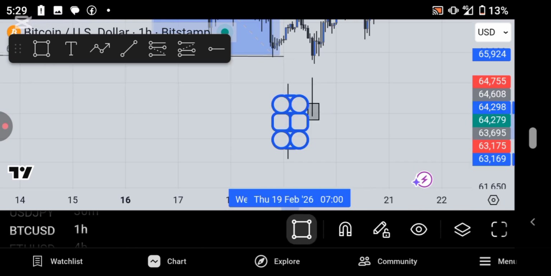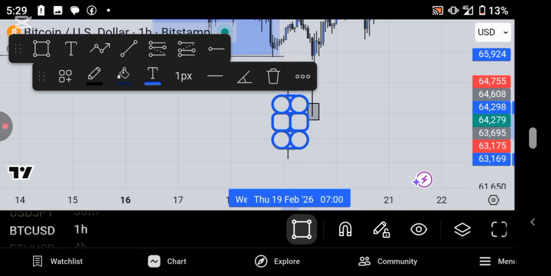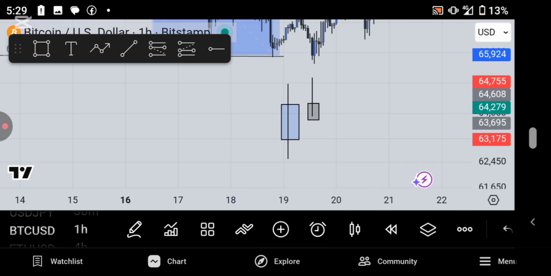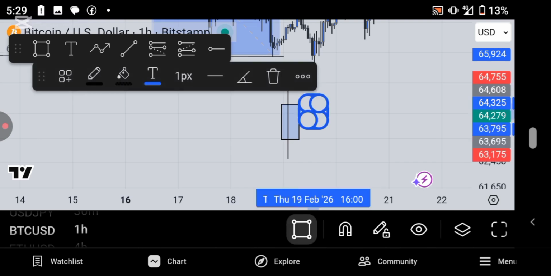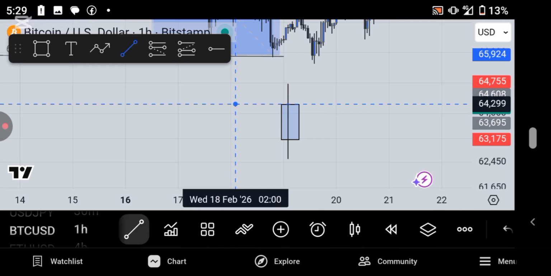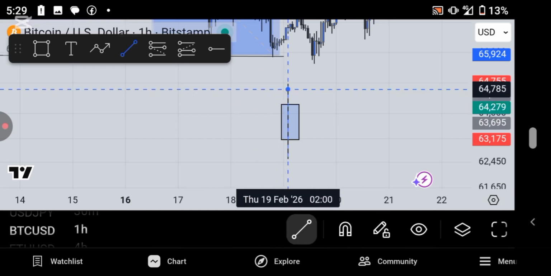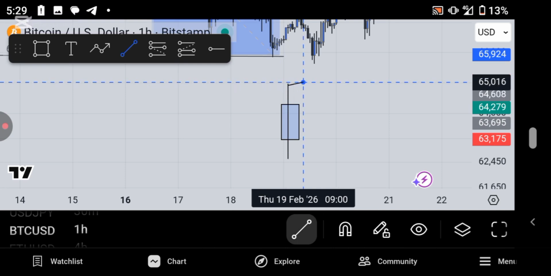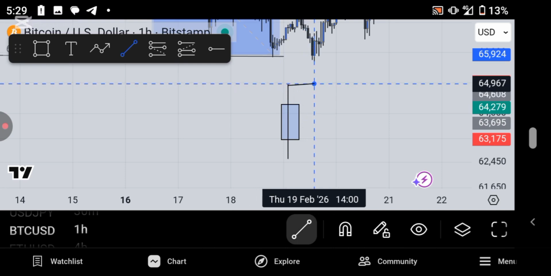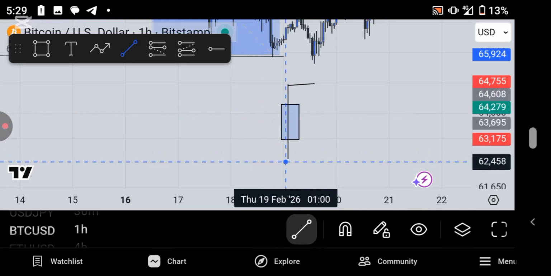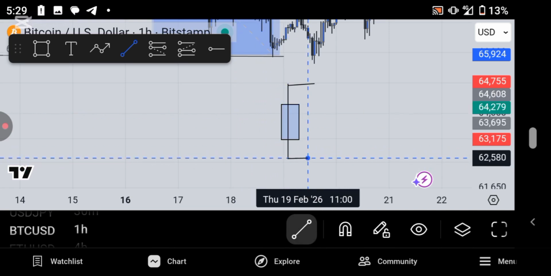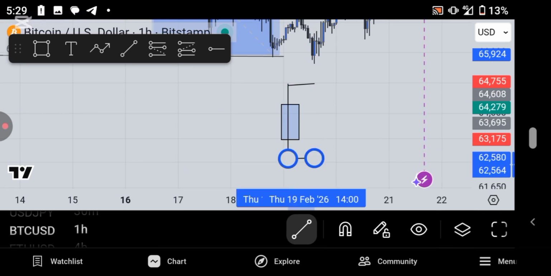The first candle is known as the range candle. Let me delete this so you can understand. First, after seeing this candle, you mark out the high of the candle and then the low of the candle, something like this.